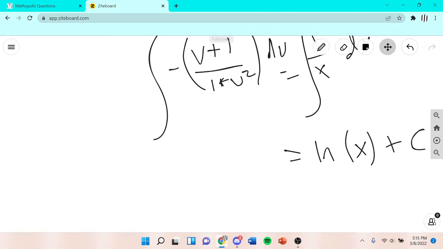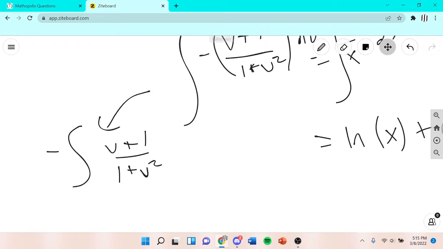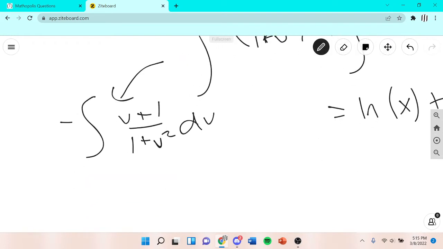So we're going to integrate this one. So this is just equal to the integral of v plus 1 over 1 plus v squared dv. Alright, so what is this equal to?